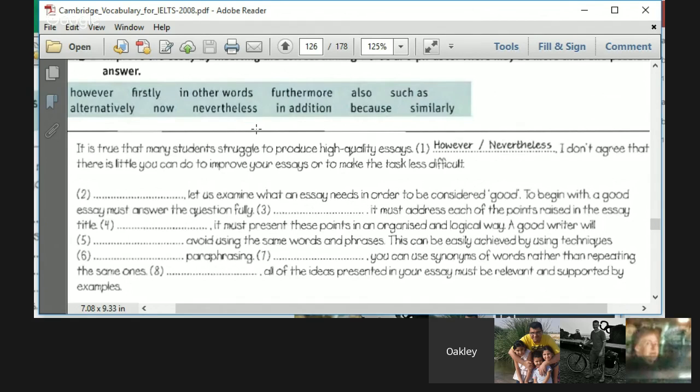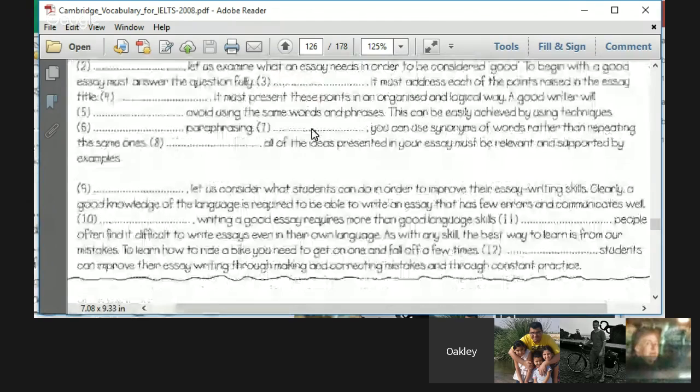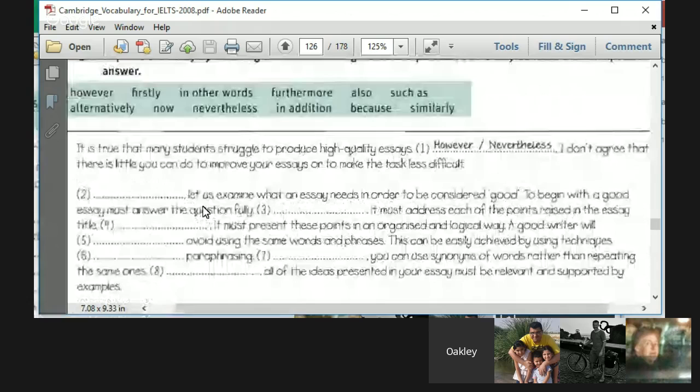I don't like any of these. Maybe I'm missing the idea, but for me, this is drawing a conclusion, and I don't see any drawing a conclusion.